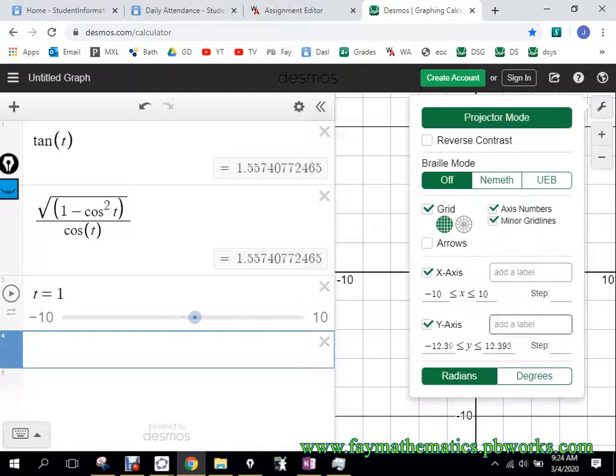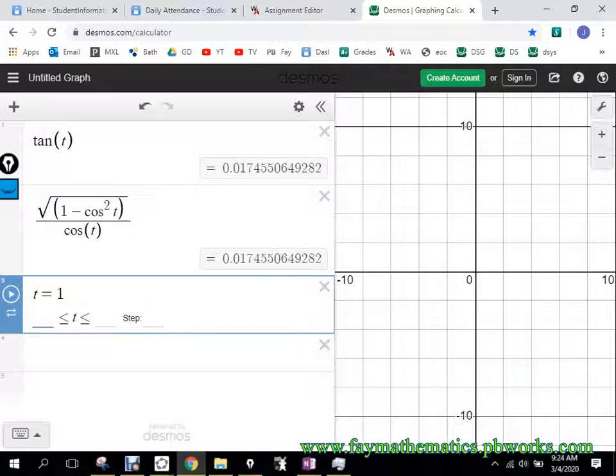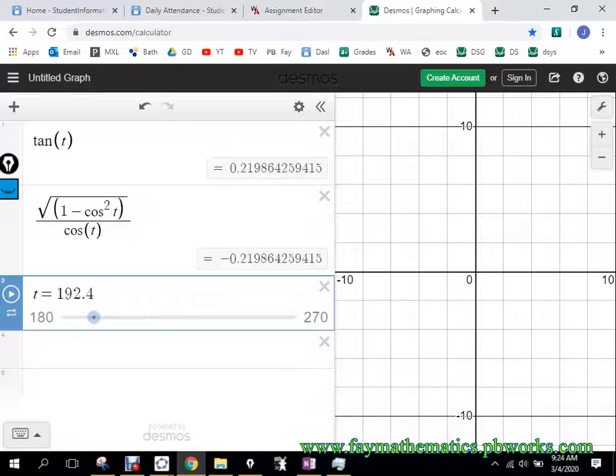So I'm going to put this in. You could leave it in radians and write your decimals for your quadrants. I'm going to put it in degrees because then it's easy to talk about the third quadrant as 180 to 270. If I left it in radians, I'd have to write that as pi or 3.14 and 3 pi over 2 or 4.71. But now if I do that and I hit play and stop, what do we recognize about those two numbers that I'm generating?